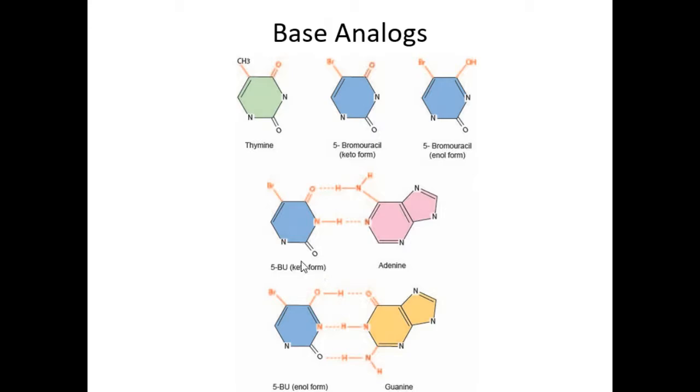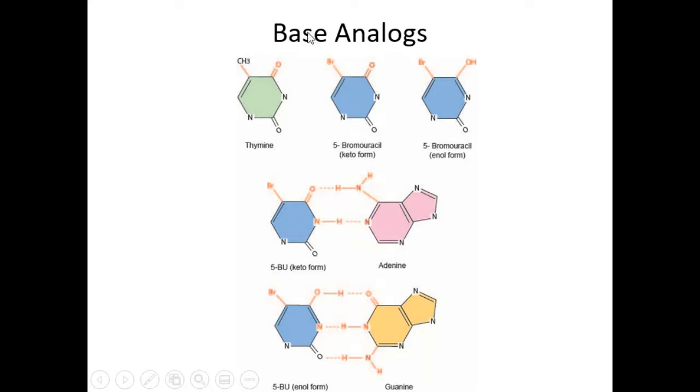For example, here we have a thymine, and this structurally similar one is 5-bromouracil. We have a keto form and an enol form. The keto form forms a complementary pair with adenine, but the enol form will pair with guanine.